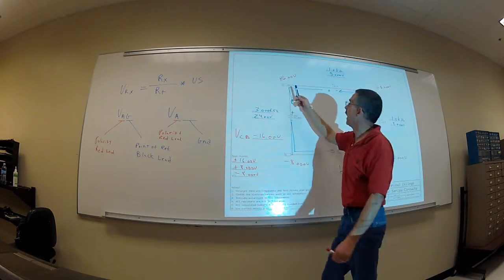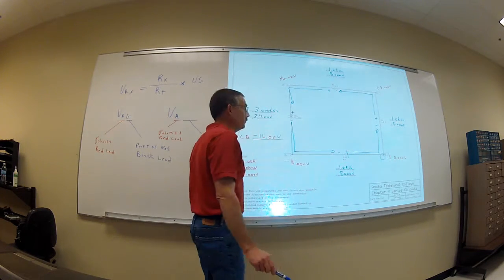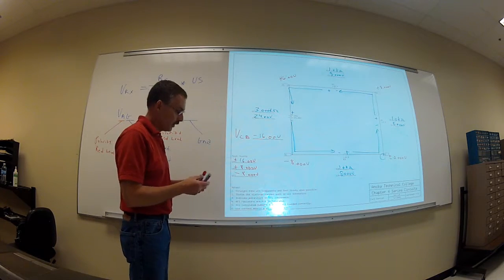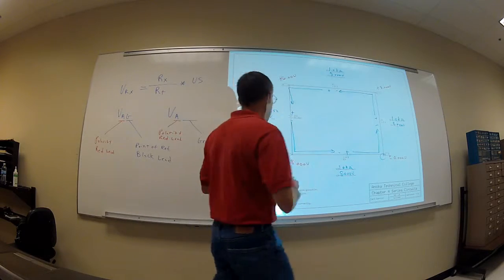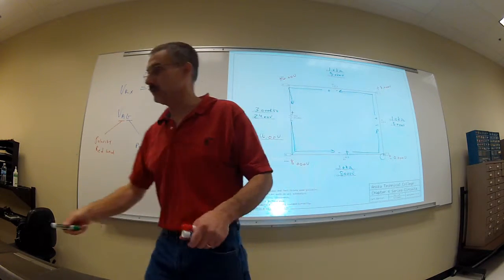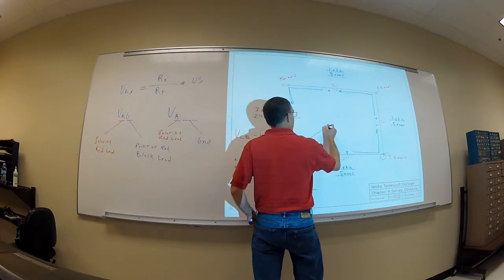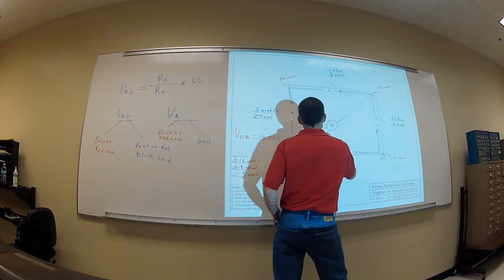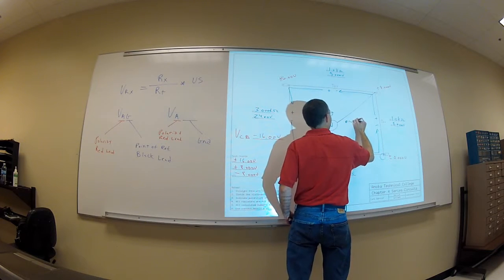If you identify what each of your individual test points are, then you can just take the potential difference between those 2 points. So it'd be like me hooking up a voltmeter to this thing. Okay, here's my red lead, here's my black lead.